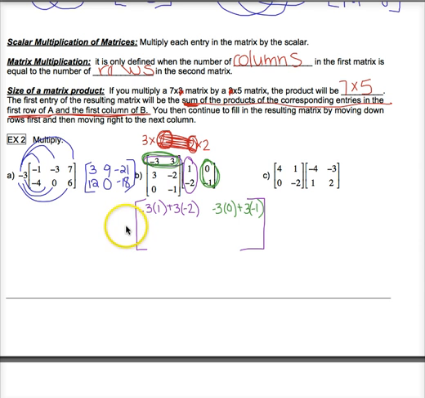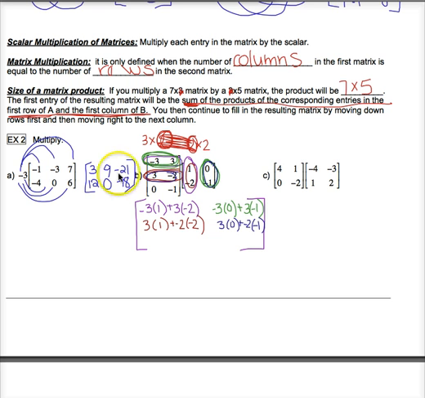So once I do that, now I'm going to move on to my next row and do the same thing with both columns. So second row times first column. So 3 times 1 plus negative 2 times negative 2. Then over here, second row, second column, 3 times 0 plus negative 2 times negative 1.